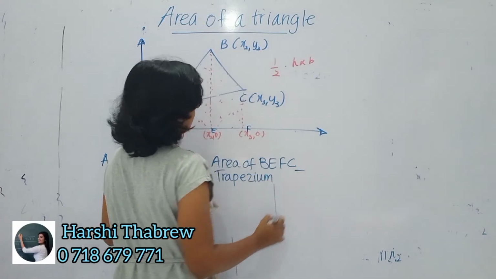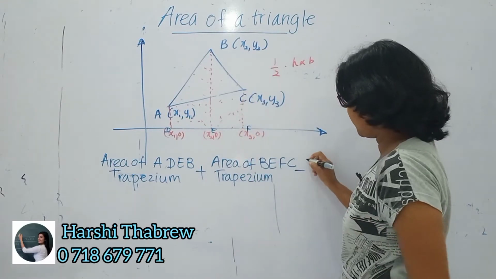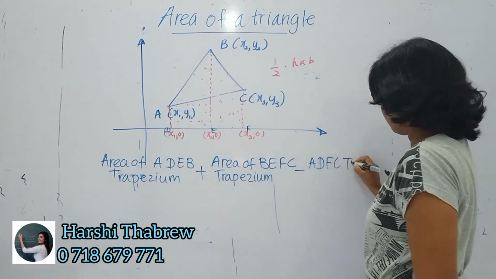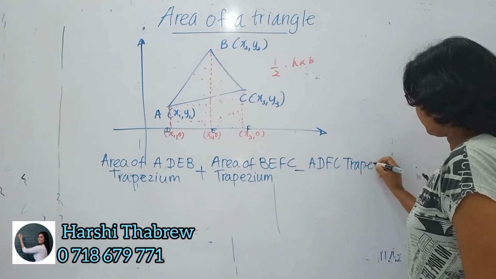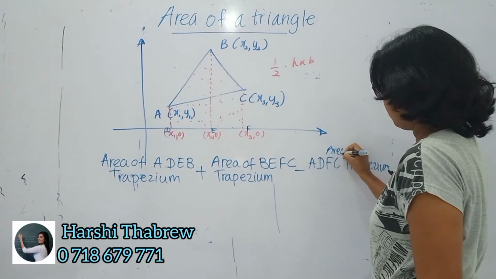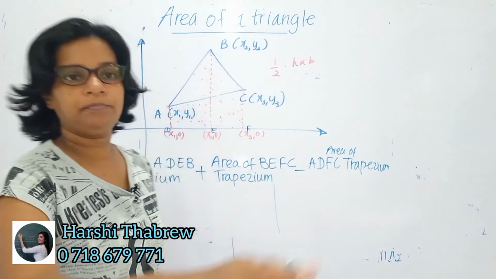And I reduce the area of the A, D, F, C trapezium. Right? You should understand it.